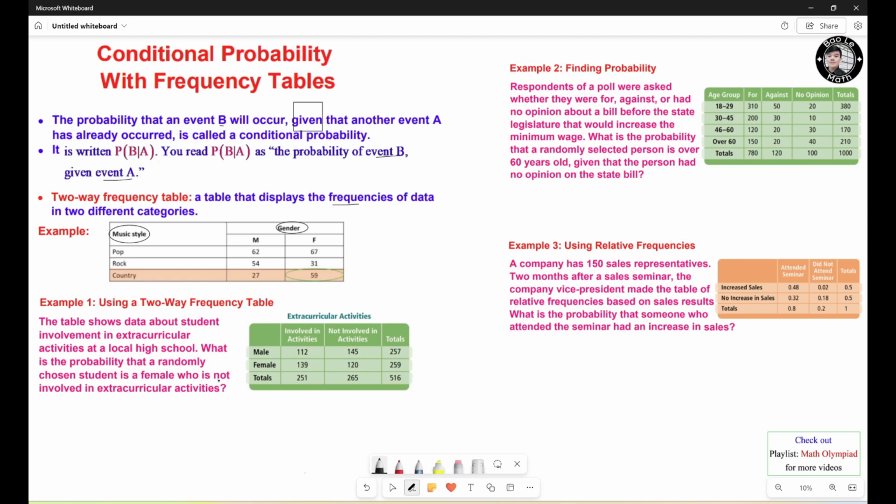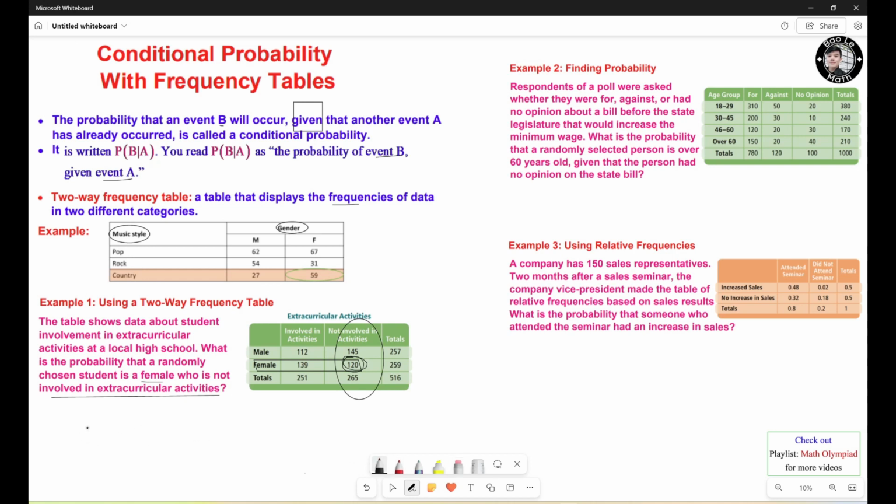Who is not involved in extracurricular activities? So we look at this column right here. And a student should be a female, so female right here, and not involved in activity right here. You see that this is the intersection, so 120.